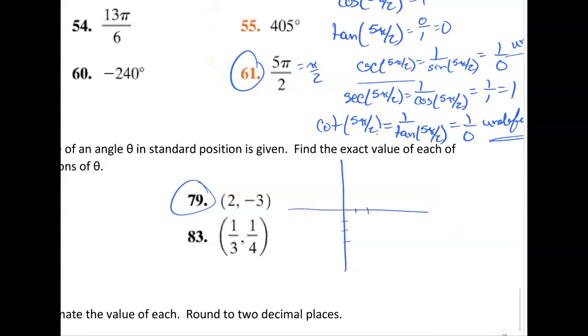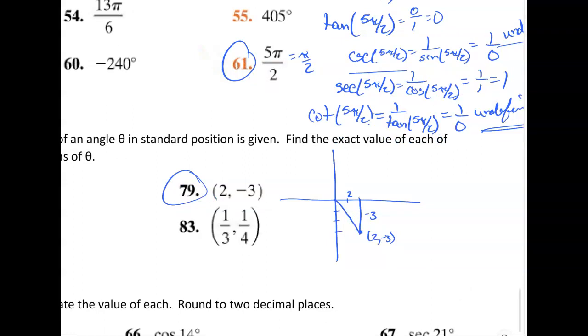I went right 2 and down -3 to get to this point. Okay, and notice how I'm drawing those? When I find that point, this is my radius, and I always connect back to the x-axis. Always back to the x-axis to draw your pictures for the triangles.